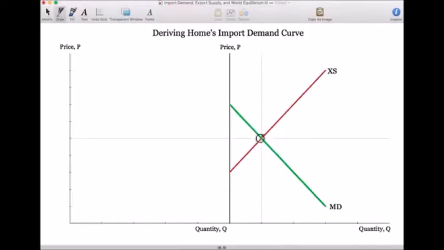So the equilibrium world market price is going to be the level where import demand and export supply are equal to one another. Let me change the color of that so it's consistent. So this is going to be the price in the world. And here's going to be the equilibrium quantity exchanged in the world.